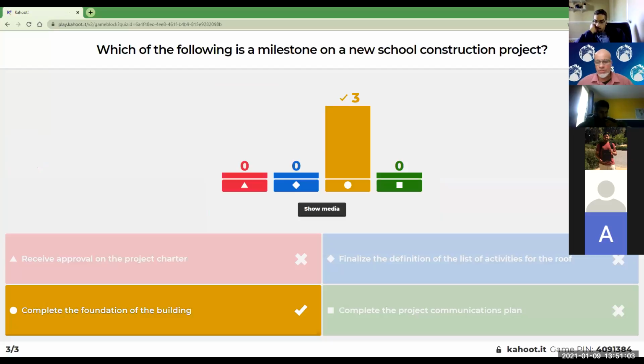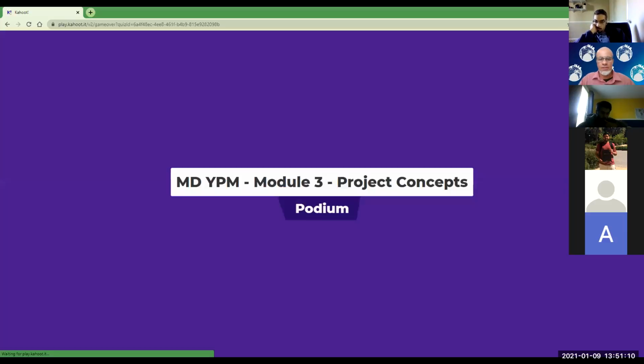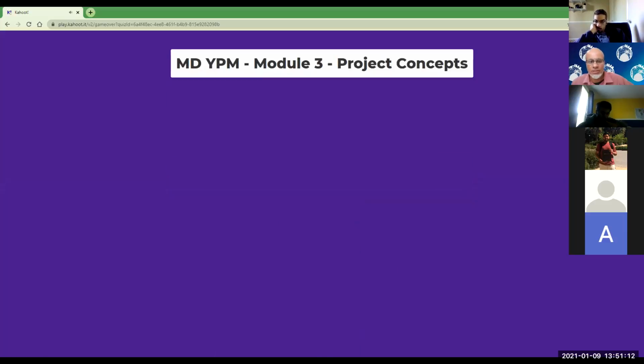So that's the correct answer. The other ones are things you probably need to do as well, but they're not key milestones. All right, let's see what it's looking like.